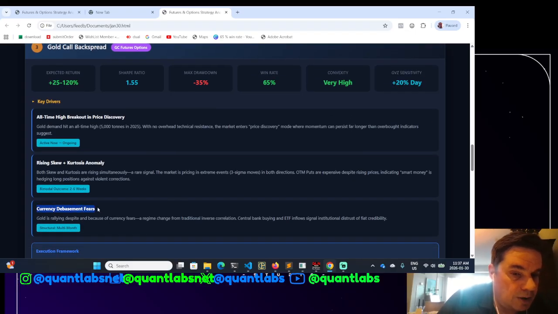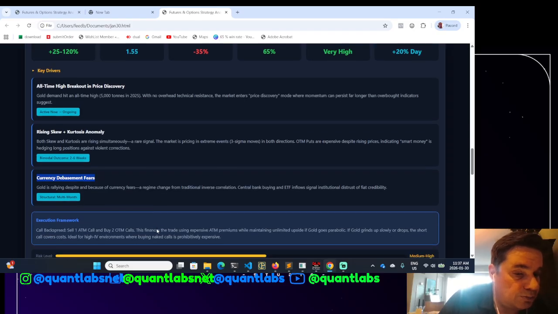So everyone's going on about the currency debasement trade. And again, this could be the Fed or whoever manipulating this type of trade, and knowing about it enables you to profit from it. So here you have central bank buying and ETF flows signaling institutional distrust of fiat credibility. That's what's driving that.